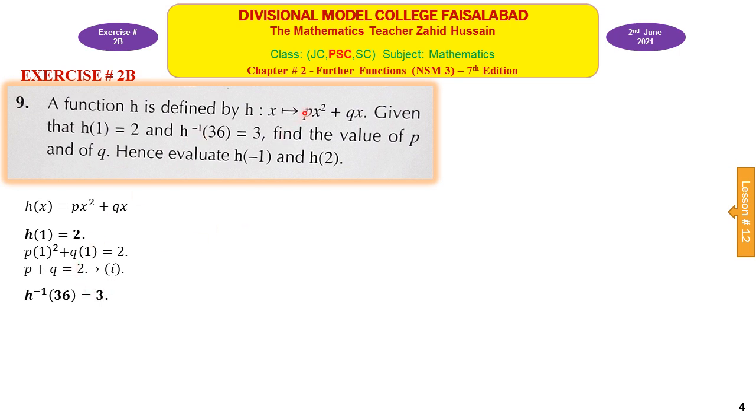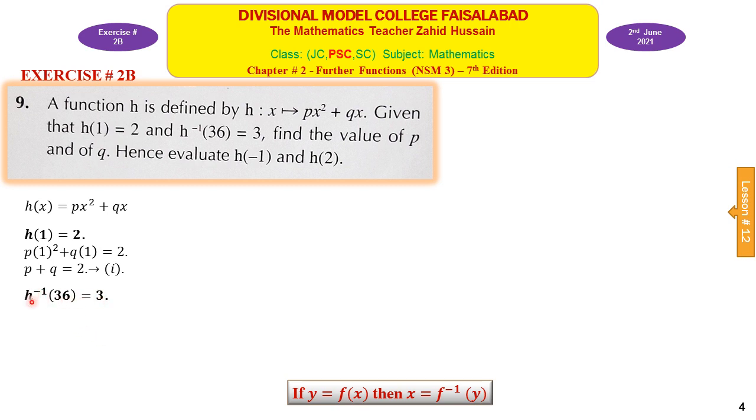Again, we haven't got the inverse function of h, but it is given that the value of the inverse function h at x is equal to 36 is 3. So we will use the definition of function and inverse function, this one, and we will write 36 is y and 3 is x.